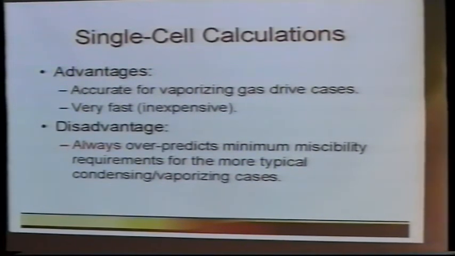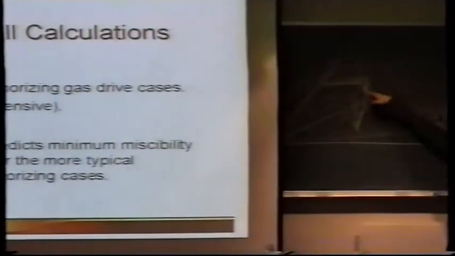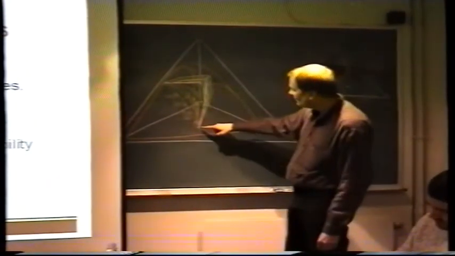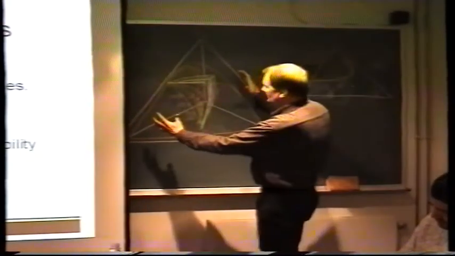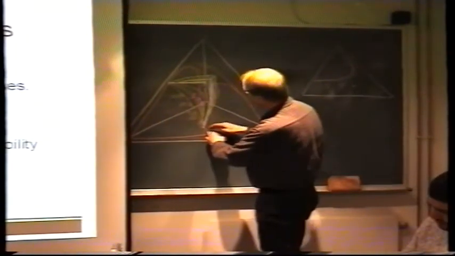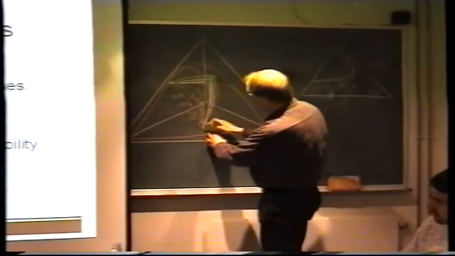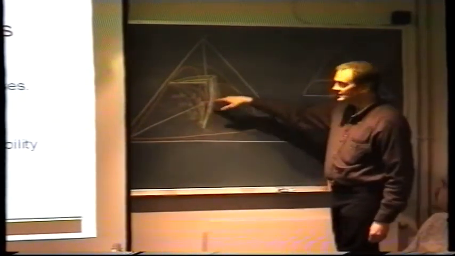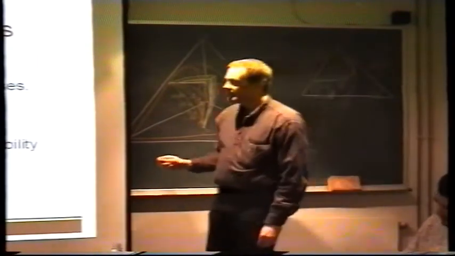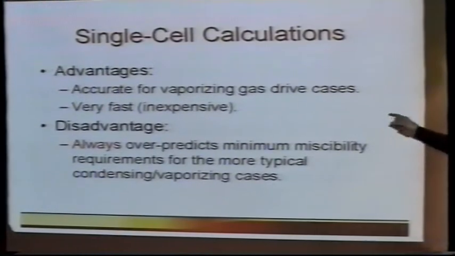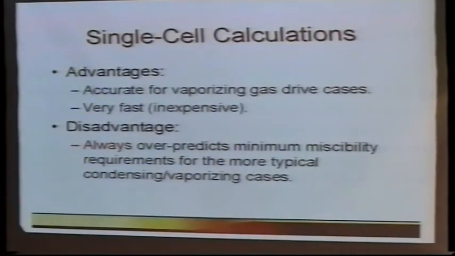Because in this kind of system, in order to develop miscibility between this injection gas and this oil, you basically have to pressure up until this whole phase envelope shrinks out of the way of this path between the two. So you can overpredict the MMP by a lot sometimes with this technique.